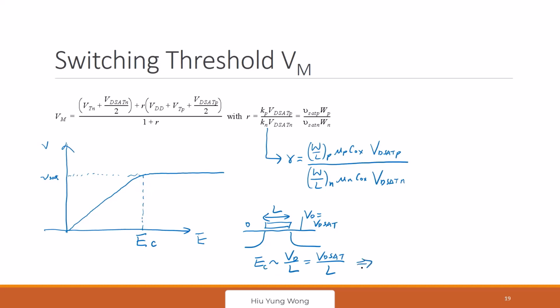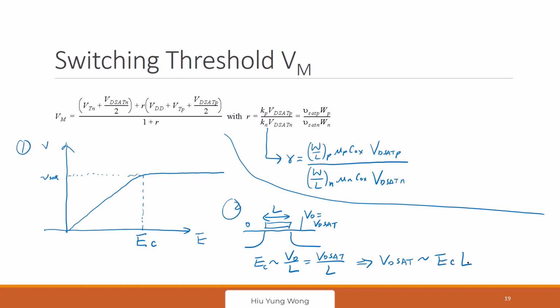So as a result, let me call this 1 and this 2, so you won't get confused in the future. Then VDsat is approximately equal to the critical electric field times the length.